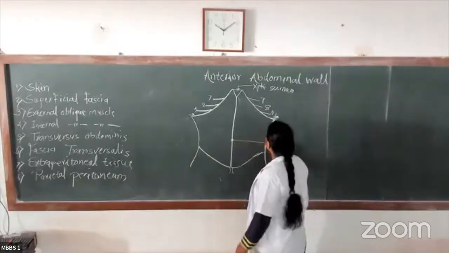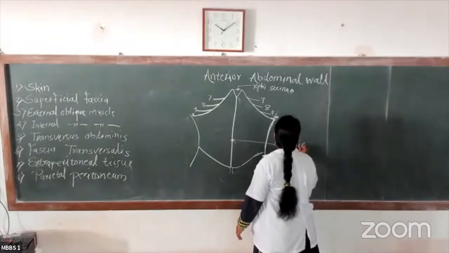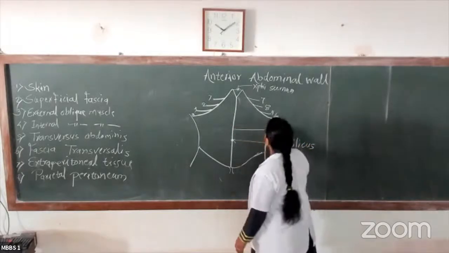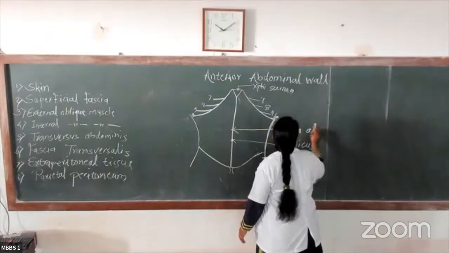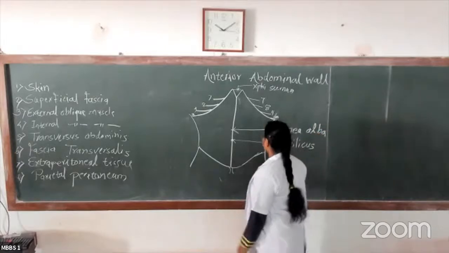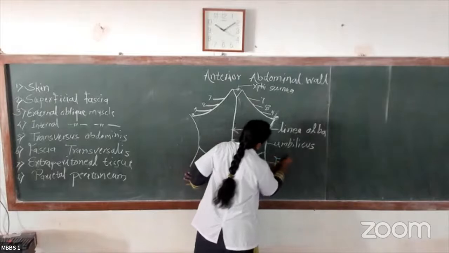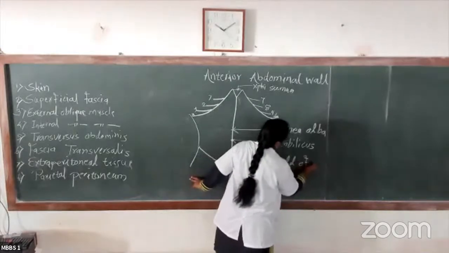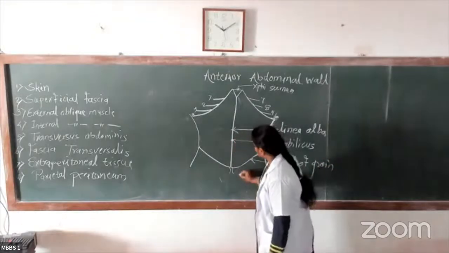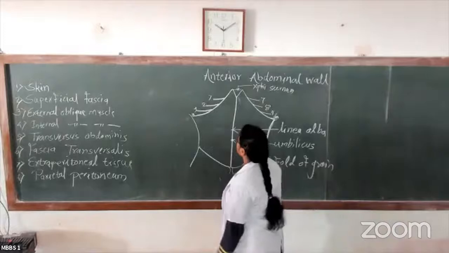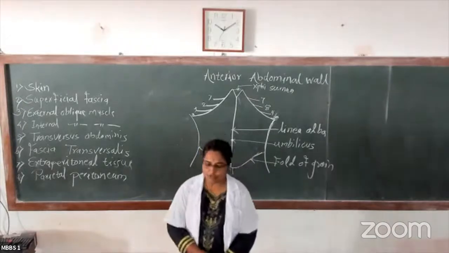This is the umbilicus, the linea alba, the fold of groin. Now, we see the skin of the anterior abdominal wall.